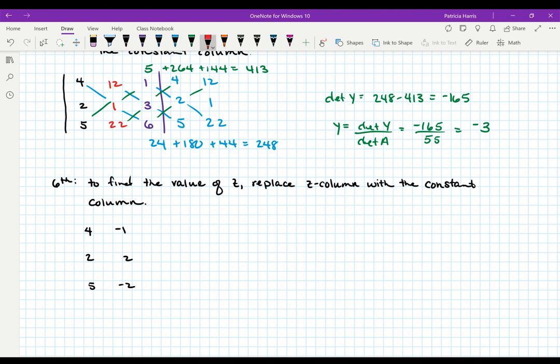Our z column gets replaced. And now we're going to find the determinant of that. Okay, here we go.